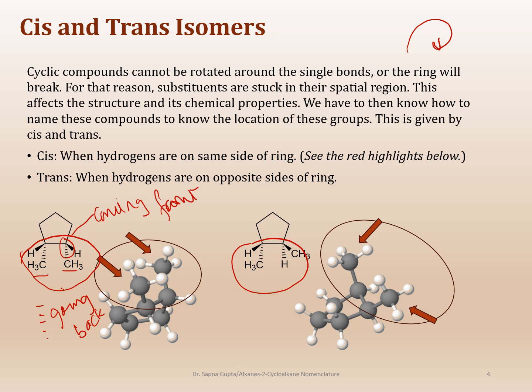Or in the same direction. So if the CH3s are going back and the hydrogens are coming to the front, if you wanted one of the CH3s to come to the front, you literally would have to break the bond.